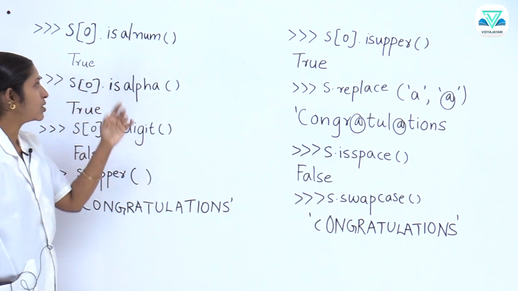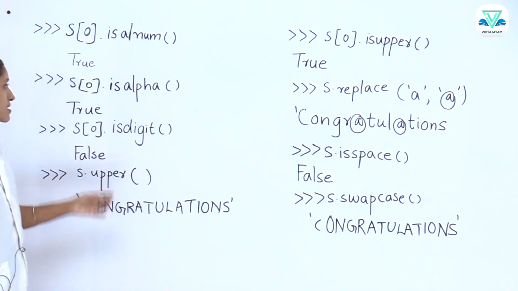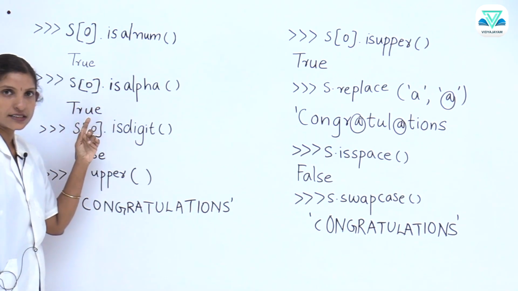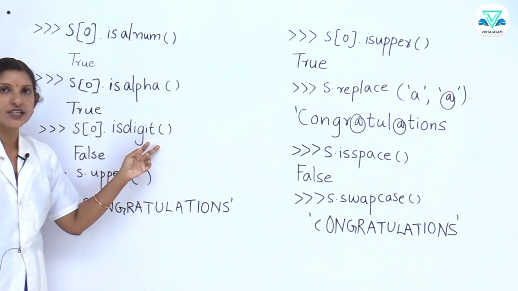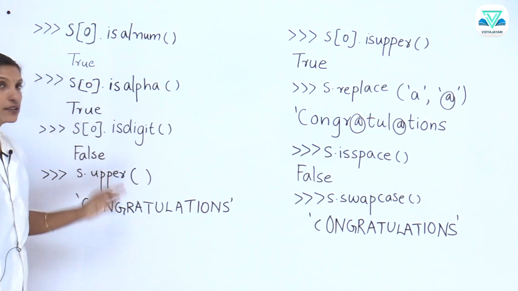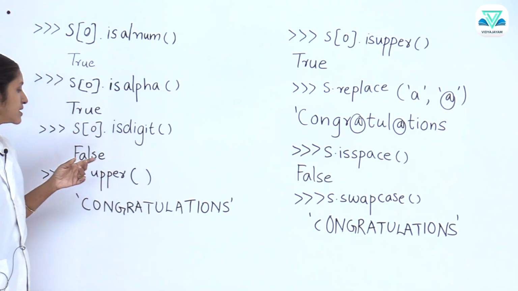Then s0.isalpha means whether it is an alphabet or not. It will also evaluate and give us True if it is true. s0.isdigit will check whether s0 contains a digit or not. If it is not a digit, it will display False.